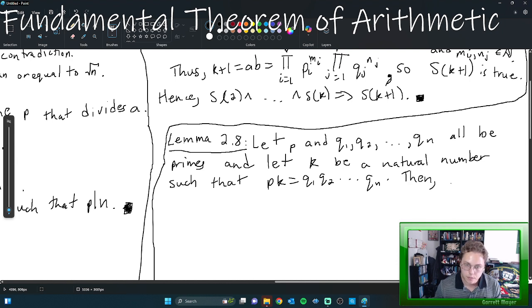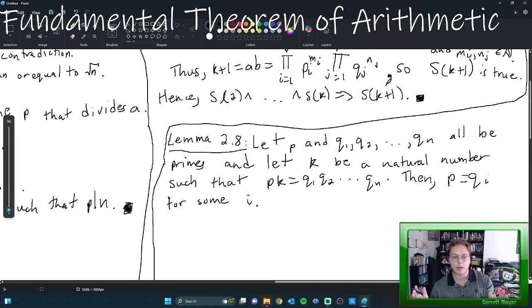Then p equals qi for some i. So basically all this is saying is, if there's a prime number that divides the product of a bunch of primes, then that prime number must be equal to one of those primes.